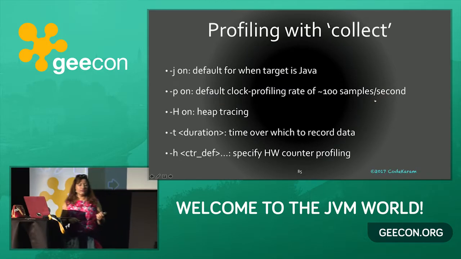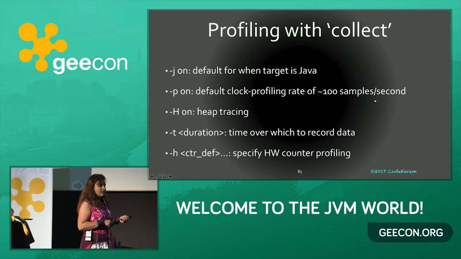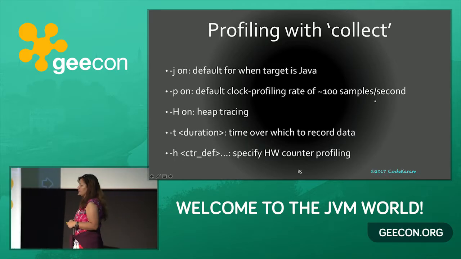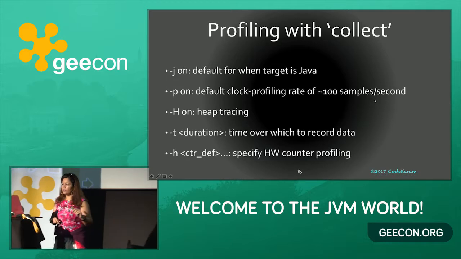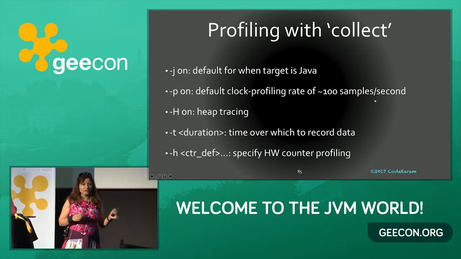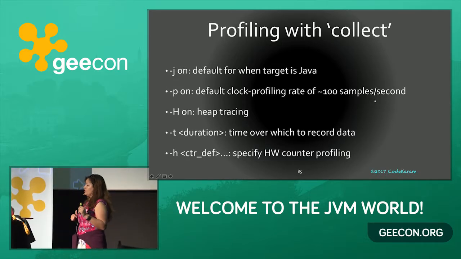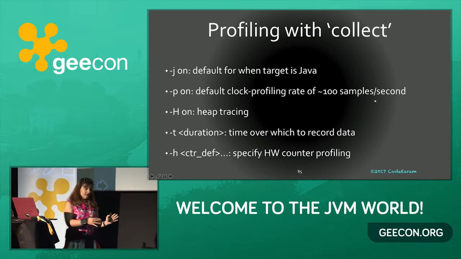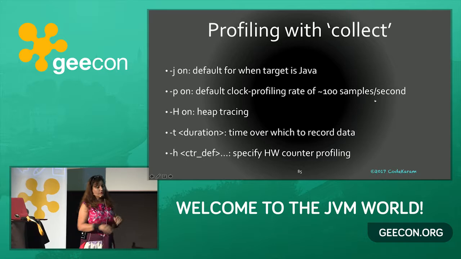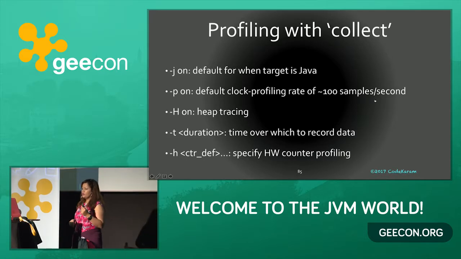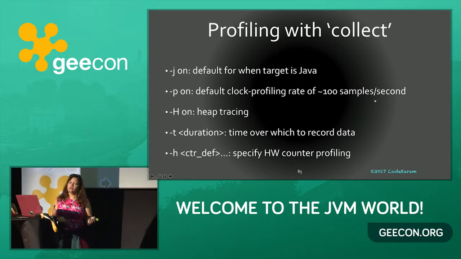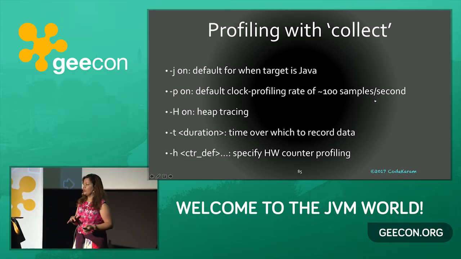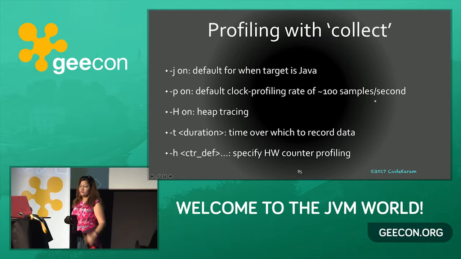It is automatically going to identify if it's a Java application, so JON is on by default. PON by default is about 100 samples per second. That's your clock profiling. You could do heap tracing with it. You could specify a duration, when to start and finish your collection. And you can do hardware counter profiling if you're doing profiling at the hardware level. We're not doing any of those except for whatever the defaults are.